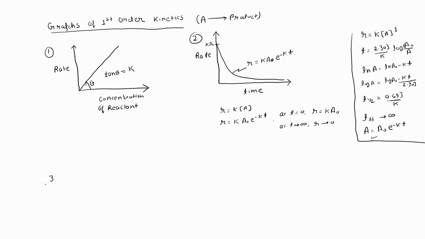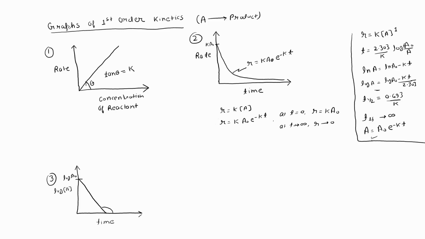Now the third graph. The third graph is simple: log of concentration versus time. Log of A versus time. So we will use this equation, and from this equation we have a straight line like this graph, with intercept log a naught.